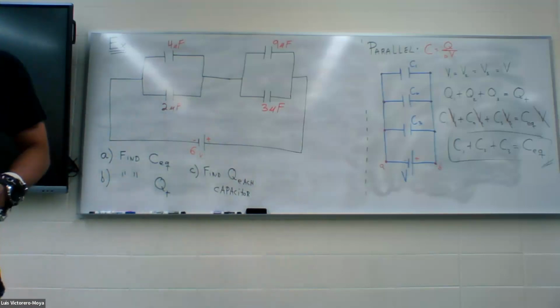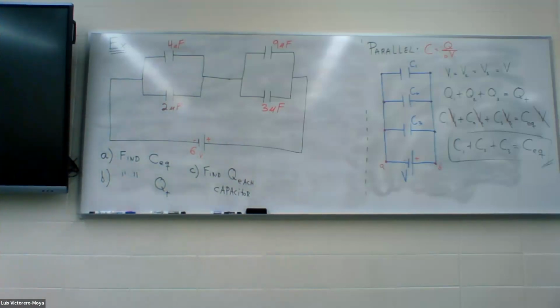All right. Okay. So the first step is to reduce the circuit so we can find the equivalent capacitance. So basically, reduce all those 4 capacitors into 1.